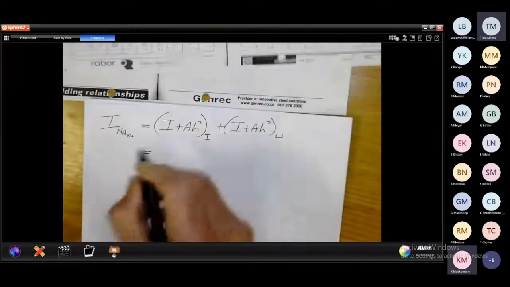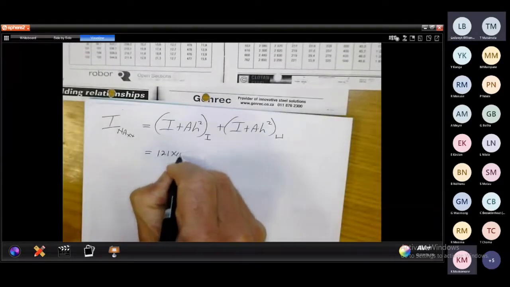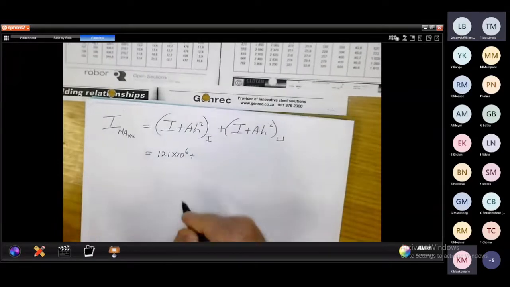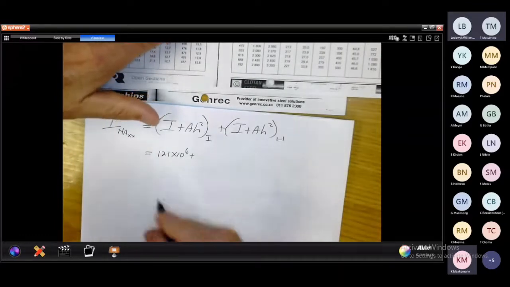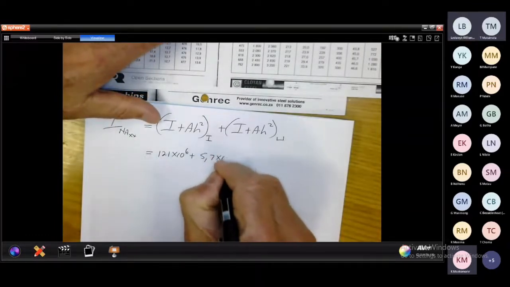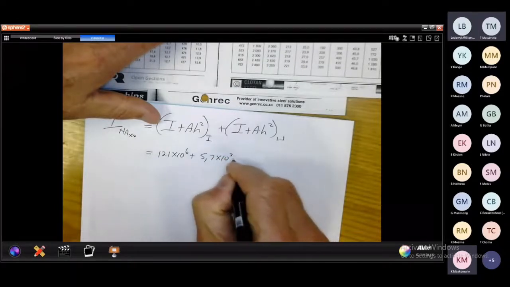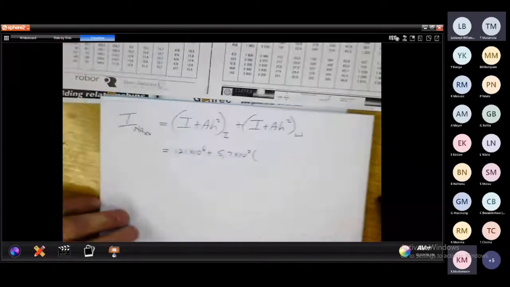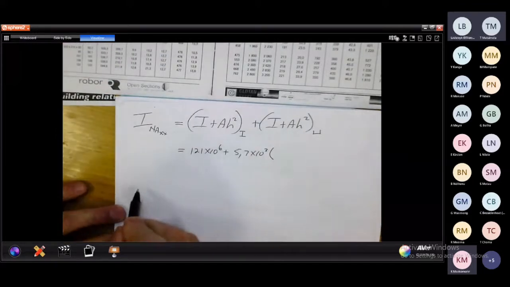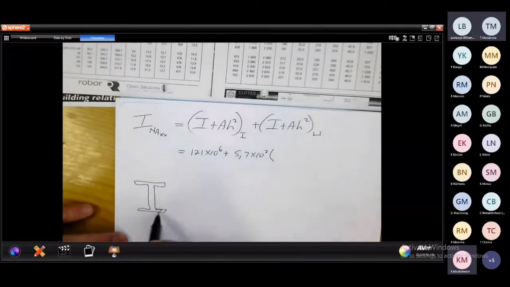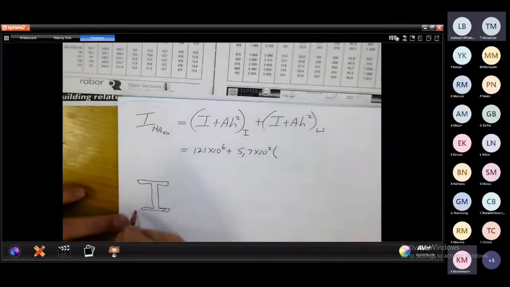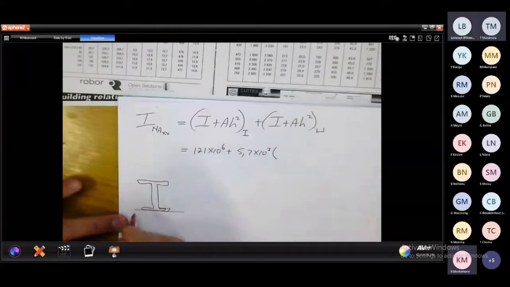You agree? 121 times 10 to the power 6 plus the area, we know what the area is, 5.7 times 10 to the power 3, multiplied by my h. Now again, people, there's my I section. We're working from here.